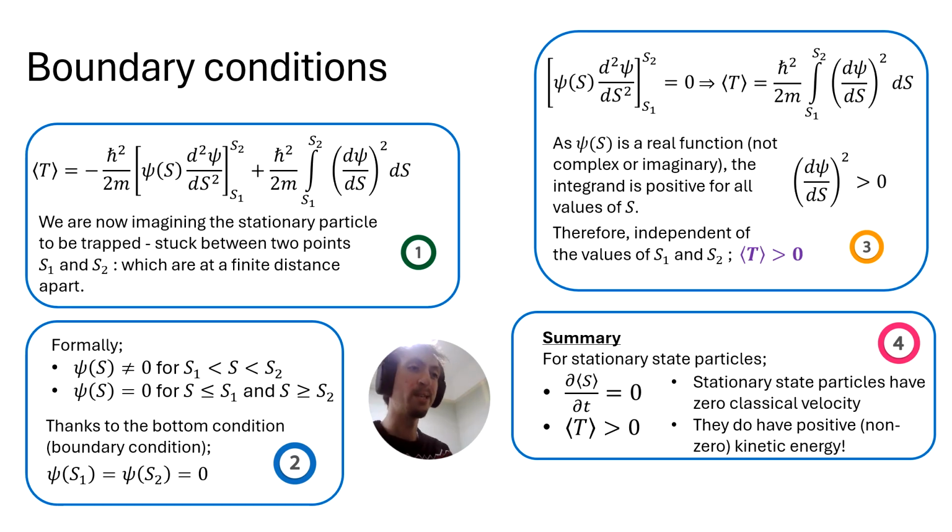And so, I think the last part of this video is very informative, because at the moment we've only really properly justified the form of the kinetic energy operator in terms of free particles, but now we're going to think about why it makes sense to use this form of the kinetic energy operator to describe stationary state particles.